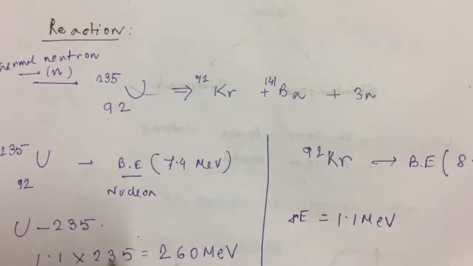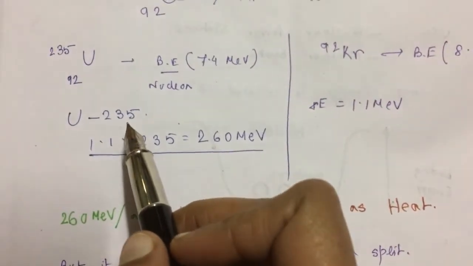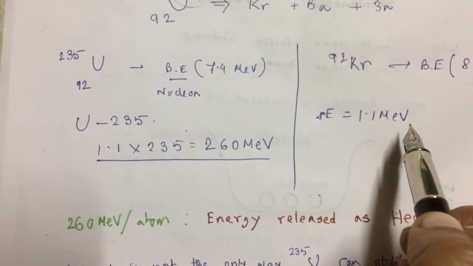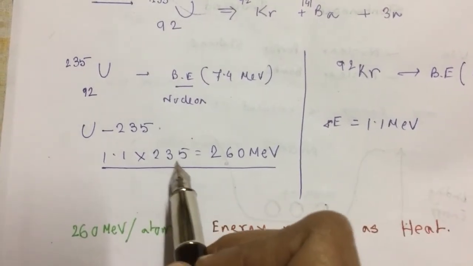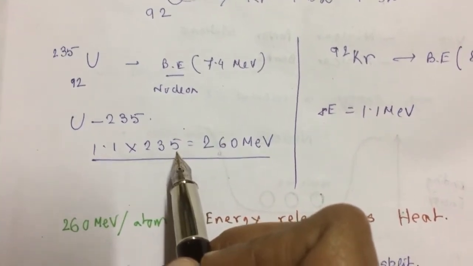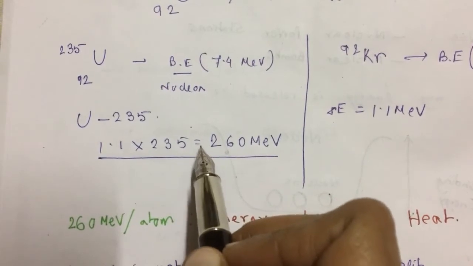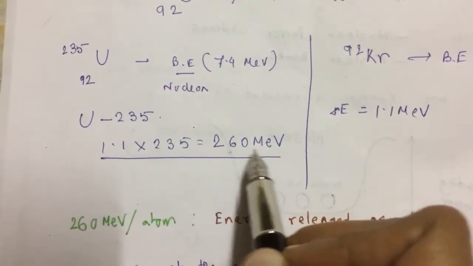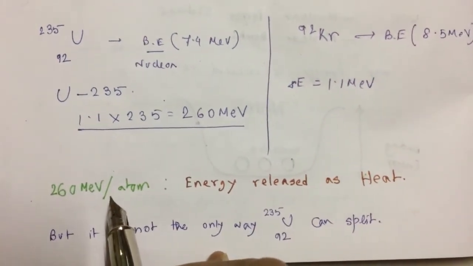In uranium there are 235 nucleons. So 1.1 million electron volt is the energy released from one nucleon. If we consider 235 nucleons inside the uranium, it will liberate 1.1 times 235, which is equal to 260 million electron volt. And this 260 million electron volt is released from a single atom.